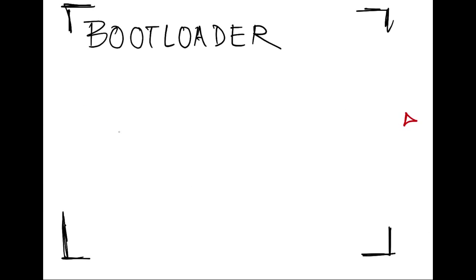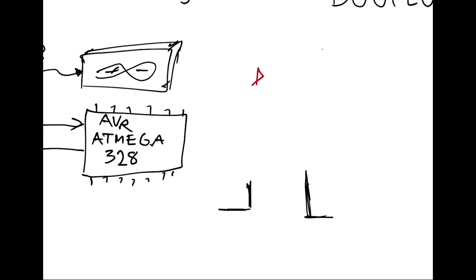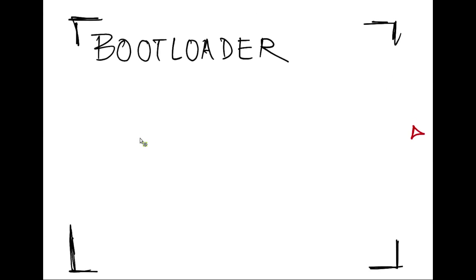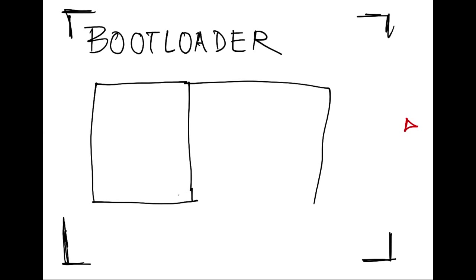So as you can see here, this chip converts the USB to a serial port, kind of, and it goes to the AVR chip. So what's going on in there, I will try to show how it works. Here is the AVR chip program memory.